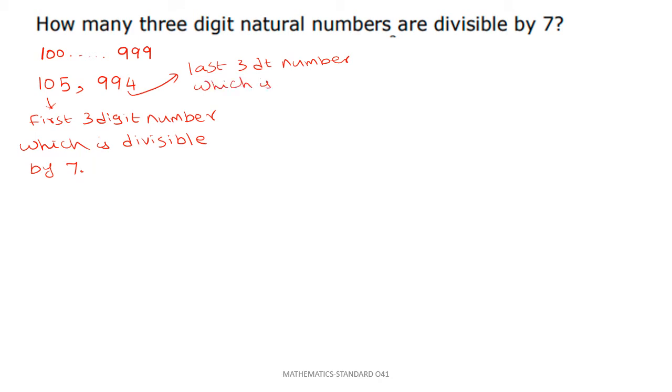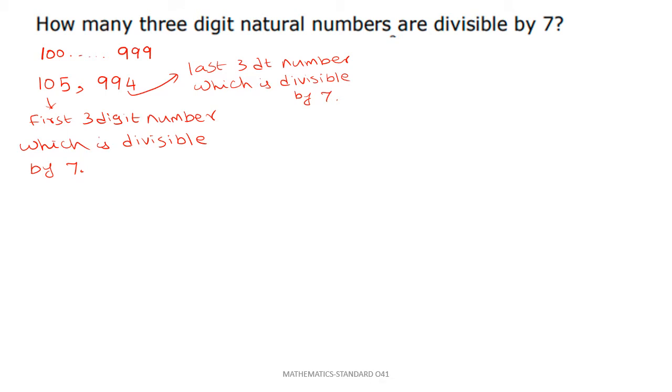This you should know, children. Otherwise time will be wasted if you want to check one by one. So better you remember: for how many 3-digit natural numbers are divisible by 7, the first 3-digit number is 105 and the last 3-digit number is 994.